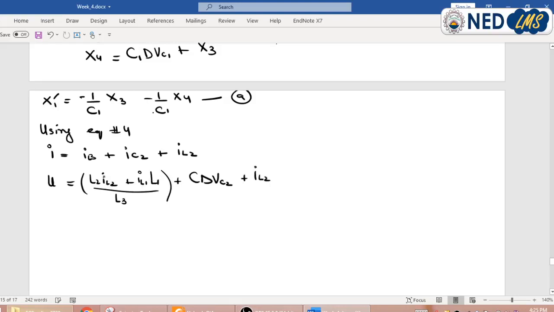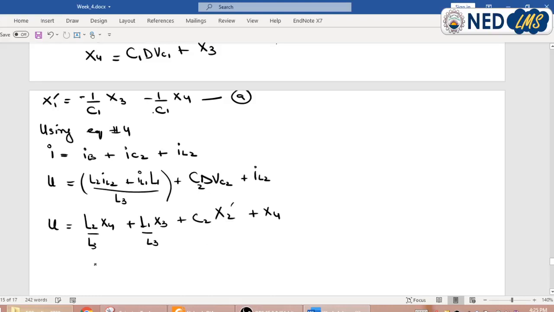IL1 is my X3, IL2 is my X4, so I can write U equals L2 X4 plus L1 X3 over L3, plus C2 dVC2, this is basically my X2 dash, and this is IL2, which is basically my X4.